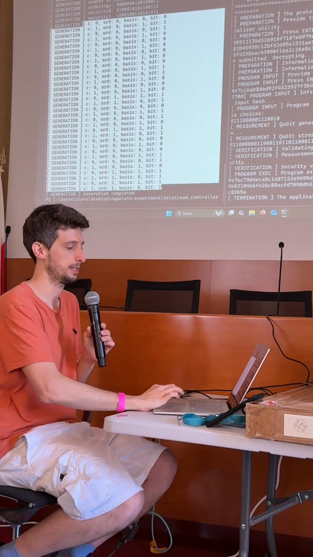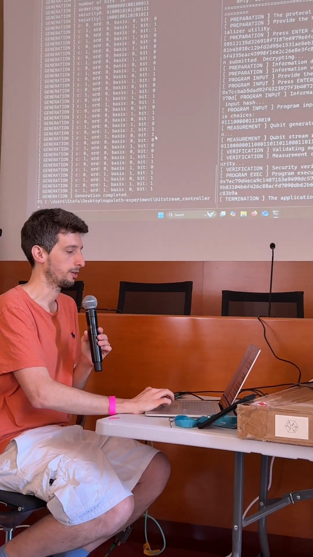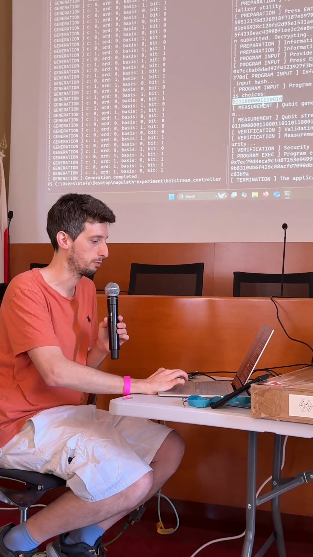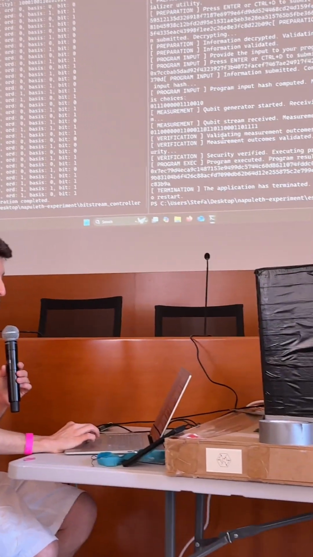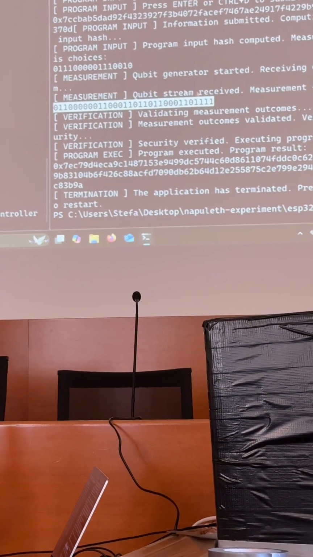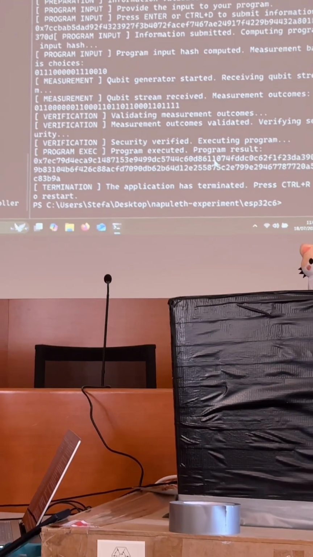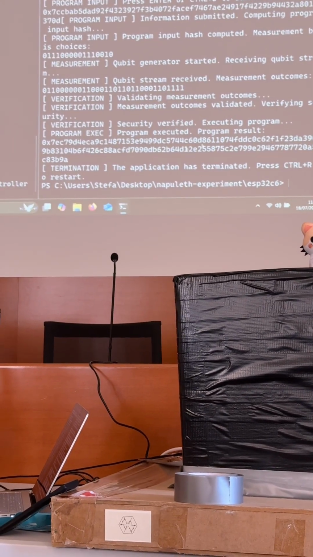And on the other side, the detector received these photons, looked at the detectors, got some bits out of the detection process, and these were the bits that were obtained. These would be the measurement outcomes. They were validated, they were valid, and the security was verified.